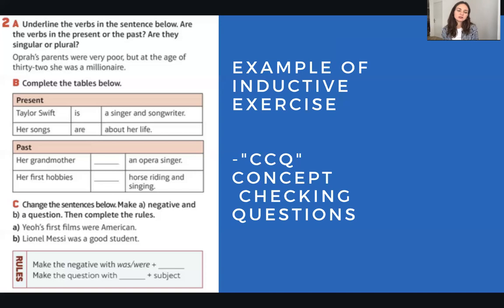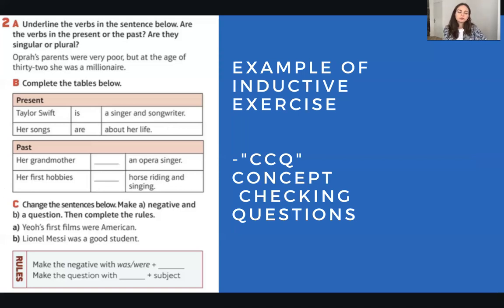Yeah, we need to say was her grandmother an opera singer, and were her hobbies horse riding and singing. Of course, to do that, we just use the past form. So using this table, we can make negative sentences and we can make questions.